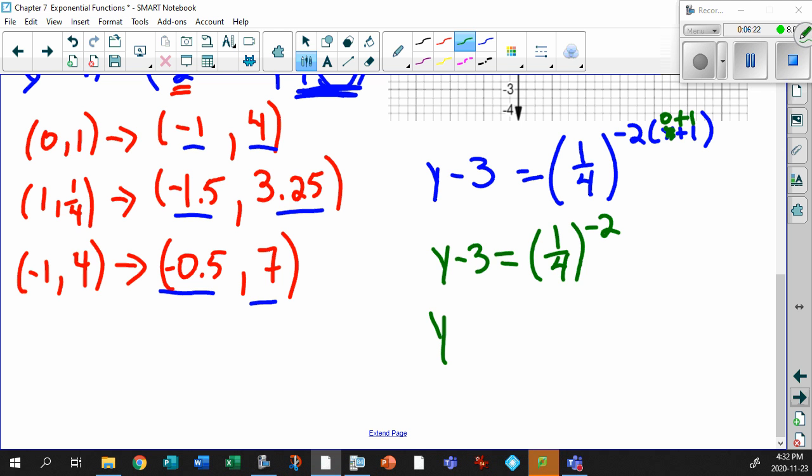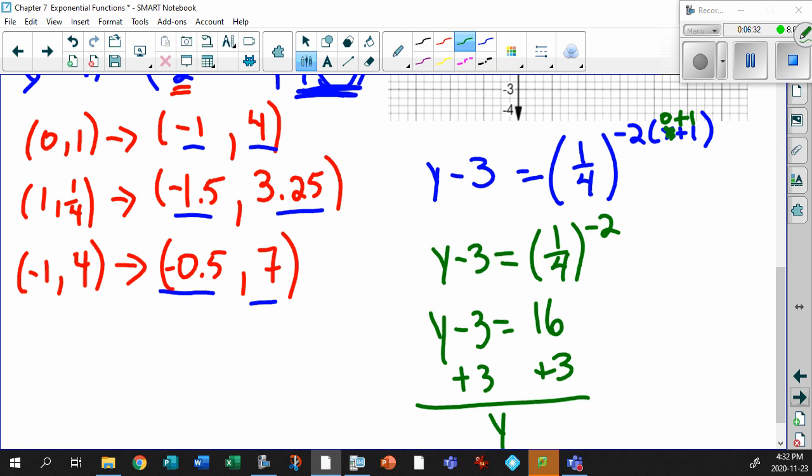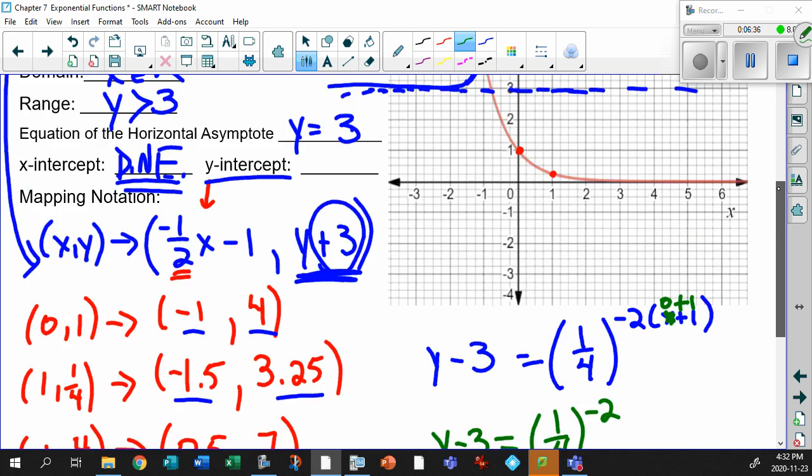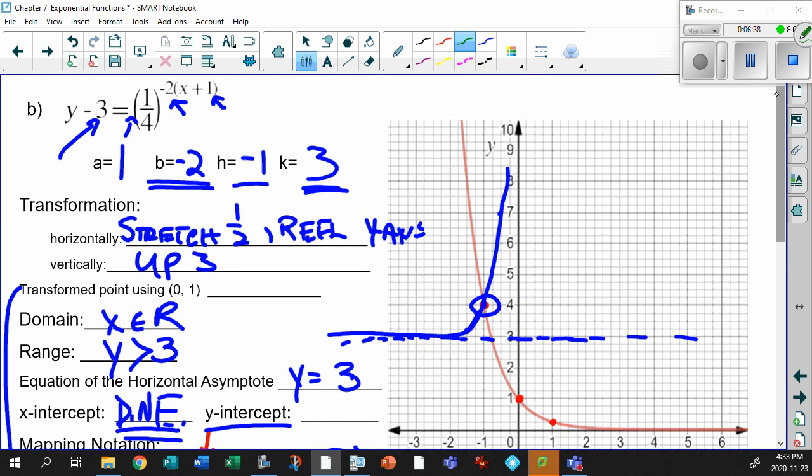So this is y minus 3 equals to, flip it and square it. So this is now going to be 16 plus 3. Oh my goodness, y equals to 19. So my intercept is going to be way past this, way the heck up here at 19. That's the intercept. Interesting, hey?